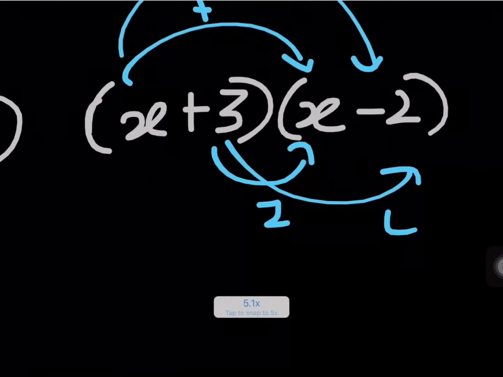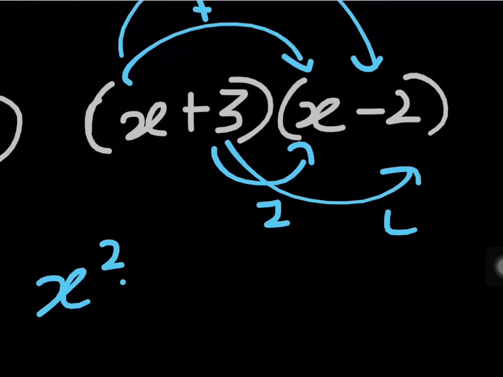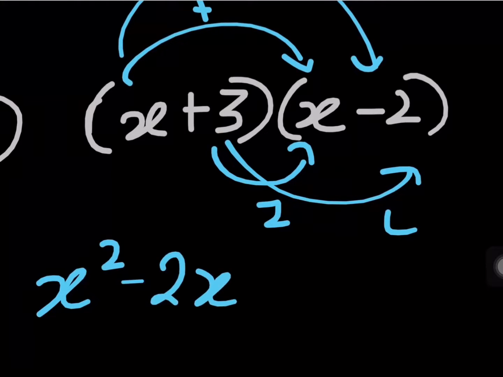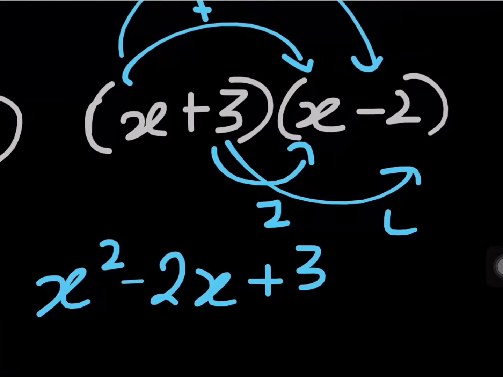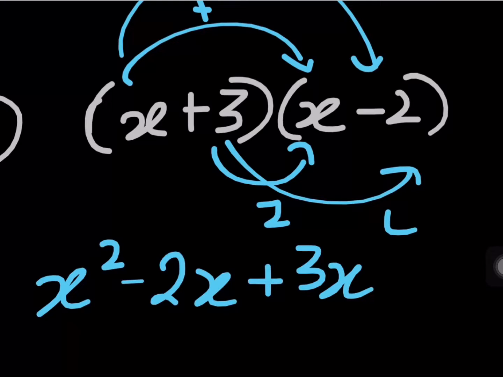Now x times x will be x squared, then minus 2x, then plus 3x, and plus 3 times minus 2 will become minus 6.